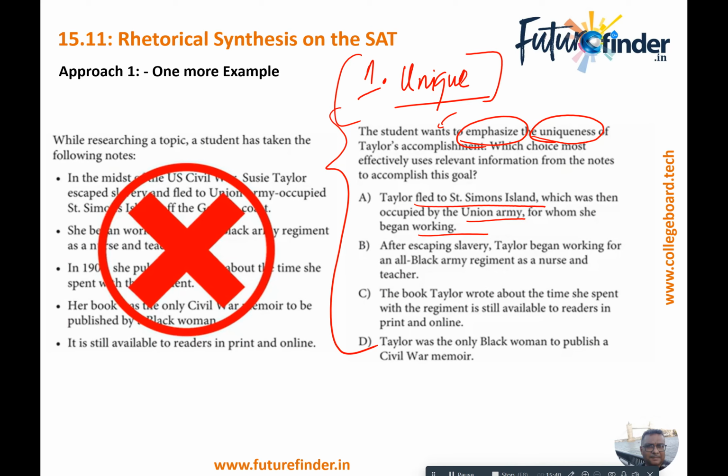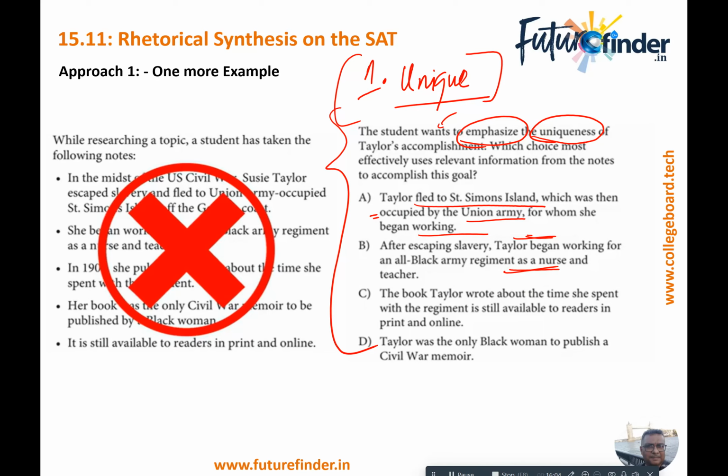Maybe, I don't know. Maybe. So we'll keep this for now. After escaping slavery, Taylor began working for the all-black army regiment as a nurse and a teacher. Yeah, at that time, probably this could be an answer that could be very unique, right? Let's see if we find something more unique than that.